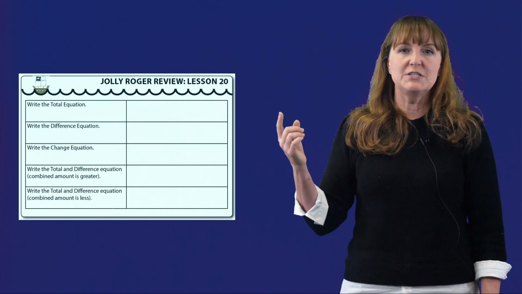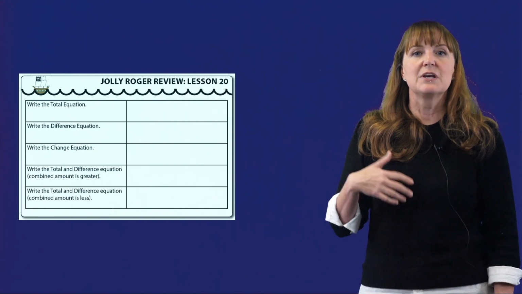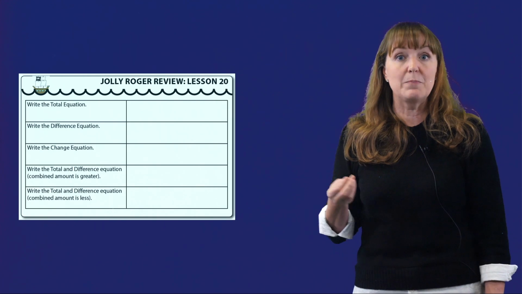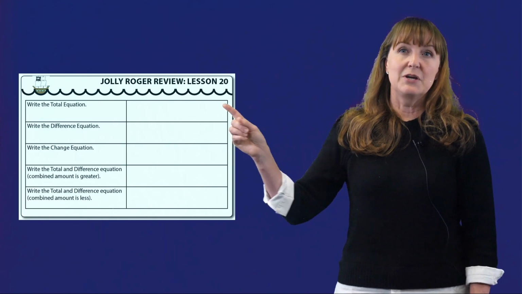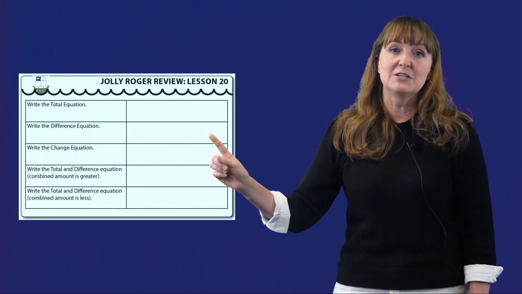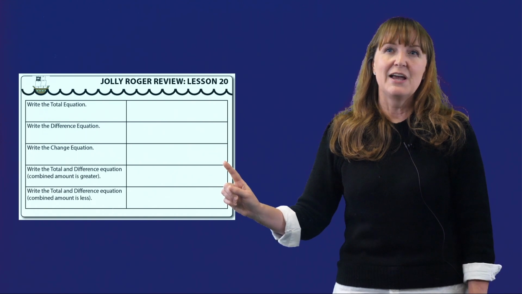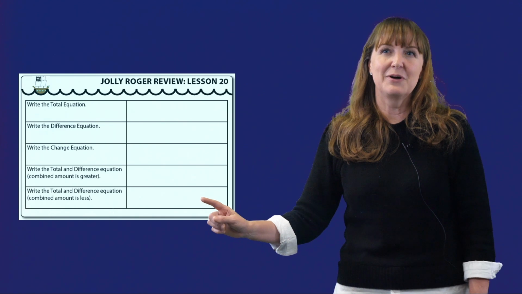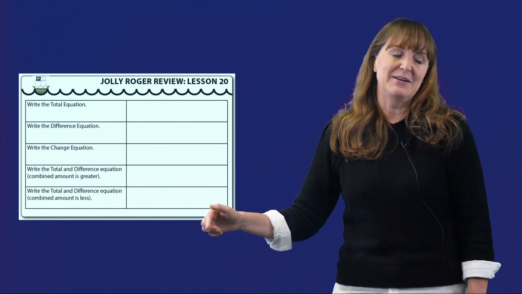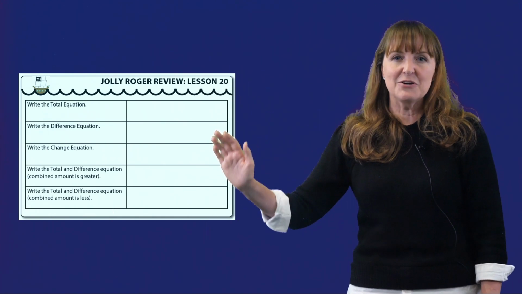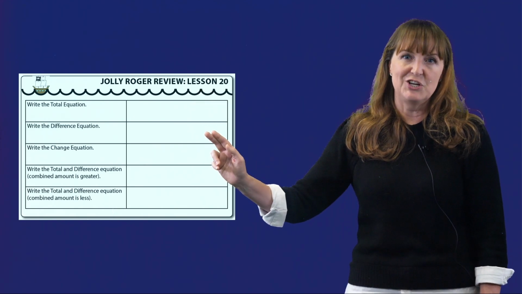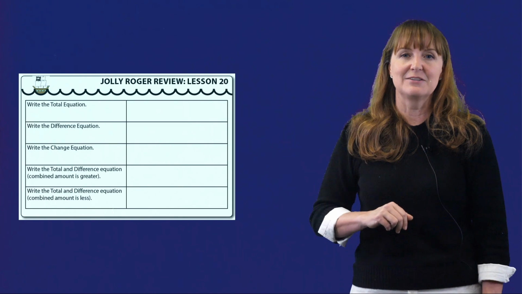This is from lesson 20, where we're asking students to think about the different types of equations that they're using to represent the different schemas. So here you can see, write the total equation, difference equation, change equation, and then the total and difference equation with a combined amount that's less. It's trying to get students to think, oh, P1 plus P2 equals T, G minus L equals D, and so on.